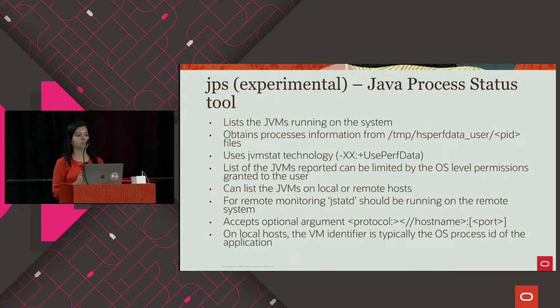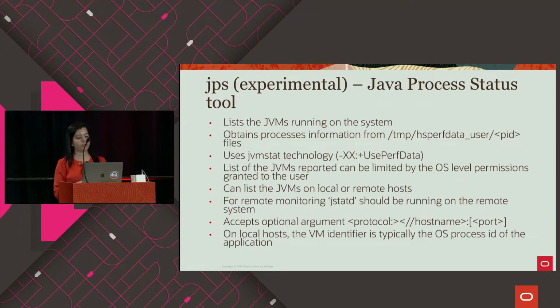By default, this is always enabled, but you can disable it by using the -XX:-UsePerfData JVM option. But if you disable the reporting of performance counter information by the JVM, then the JPS tool won't be able to display the list of processes running on the system being monitored.